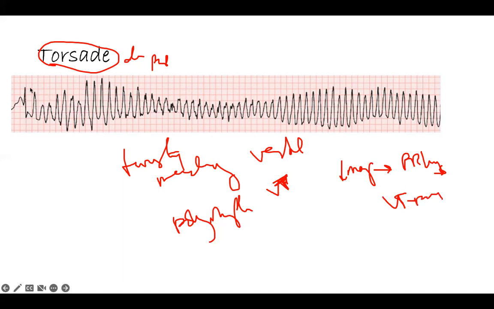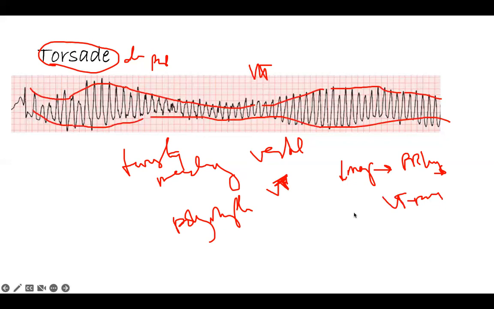So if you can draw the shape, it goes here, then it comes here, it goes down, down, down, then it goes up. You see, they have different shape, polymorphic. So it looks like a snake, meandering. So that's why they call it polymorphic. So this is a kind of VTach, but in a different shape.